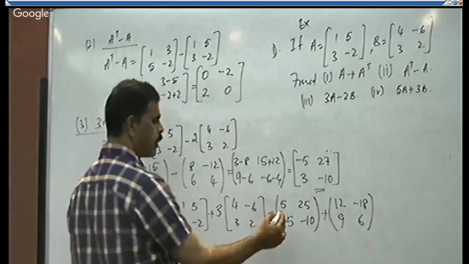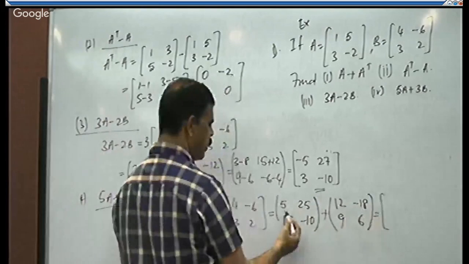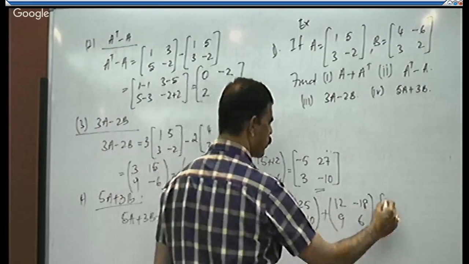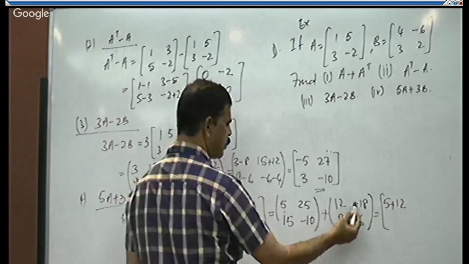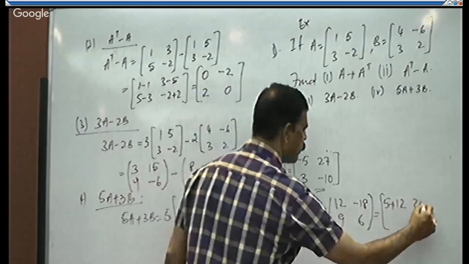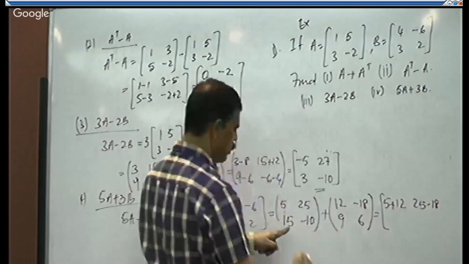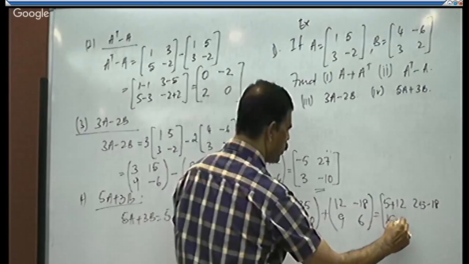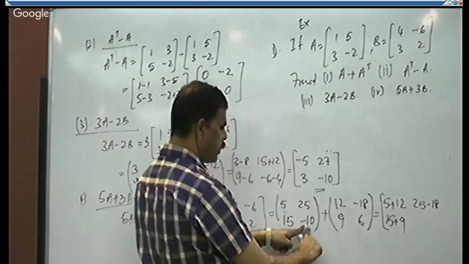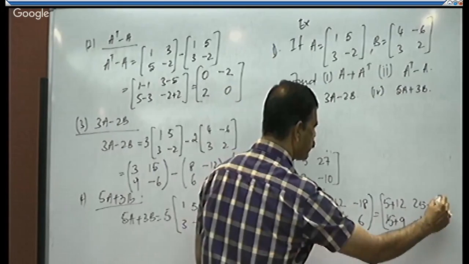Now add the corresponding elements, which is equal to 5 plus 12. 25 plus into minus, minus 18. 15 plus 9. Minus 10 plus 6.